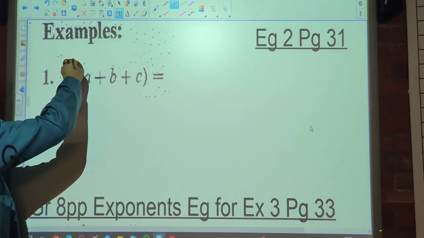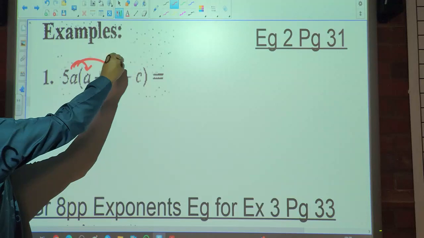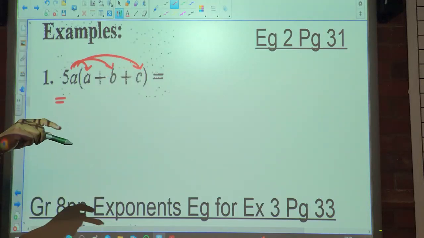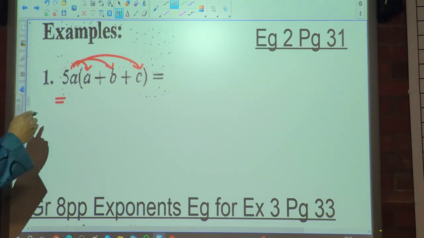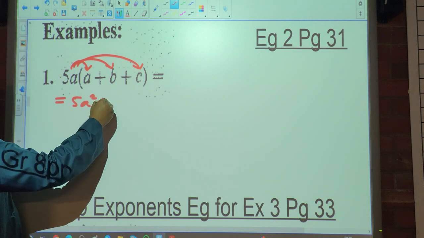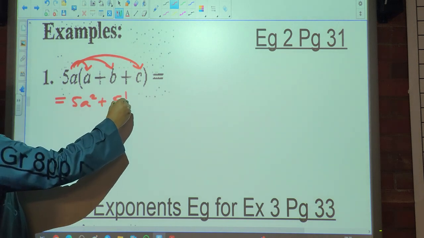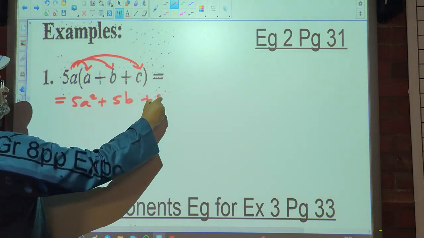What will this be? Let's start in front. Where did we stop yesterday? 5a squared, plus 5b, plus 5c. You all agree with that?